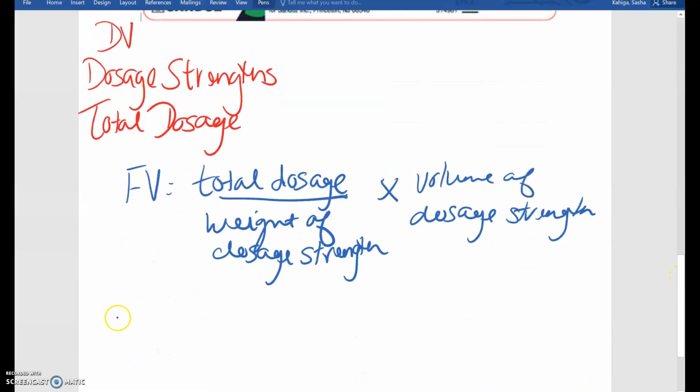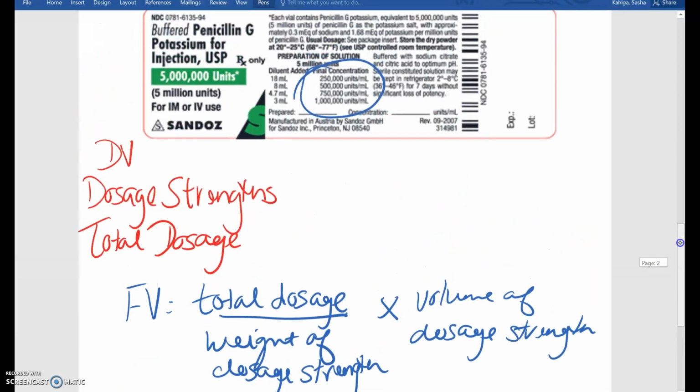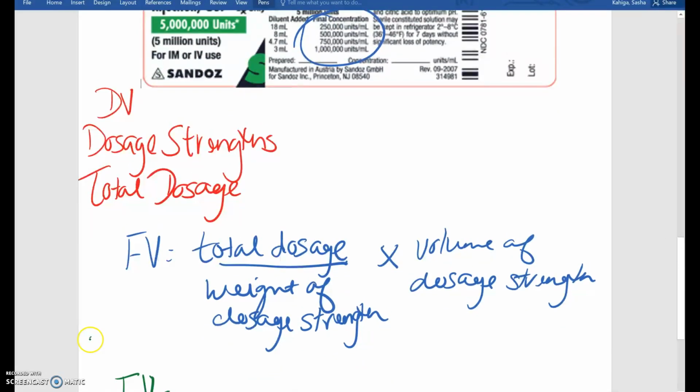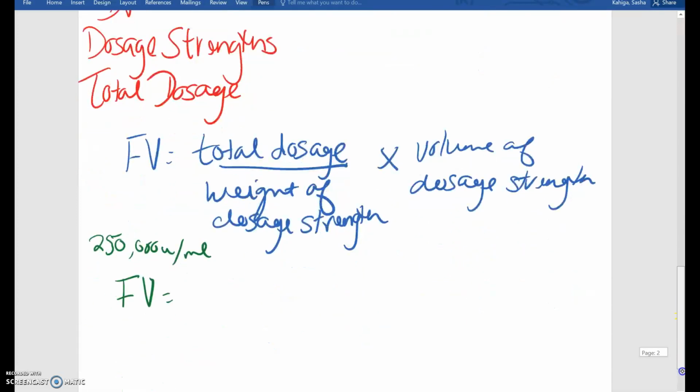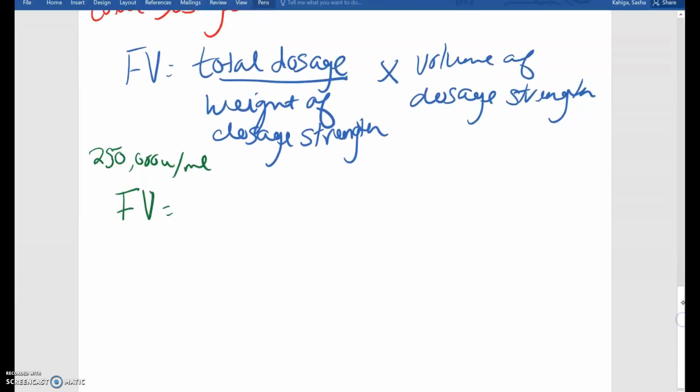So let me solve it. Let's solve one of these. So for my final volume, let's look at the first dosage strength of the 250,000 units per milliliter. What you're trying to determine is that based off of this dosage strength of 250,000 units per milliliter and the total dosage of 5 million units, what is the final volume of this dosage strength?